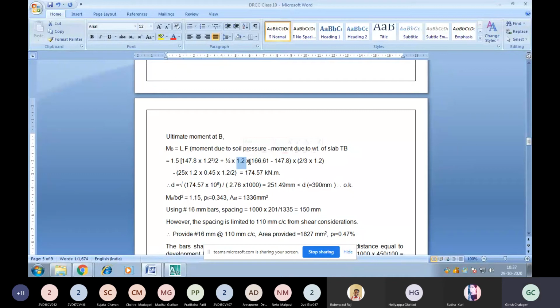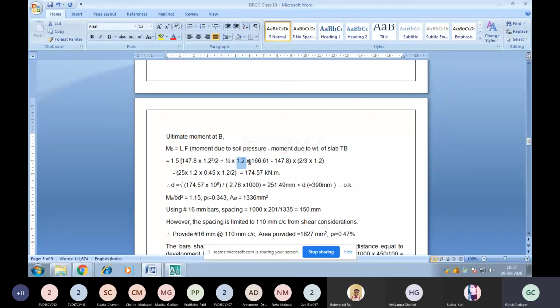Thickness of slab as 450, but whether it is safe or not, we are checking it. So D equals under root of Mu by FCK B D square, that is Mu limit equals 0.138 FCK B D square. Mu you know already, so you want to find the D here. So Mu, that is 174 into 10 raised to 6 in terms of Newton mm, divided by 0.138 into FCK 20, that is 2.76, into B is 1000 mm.